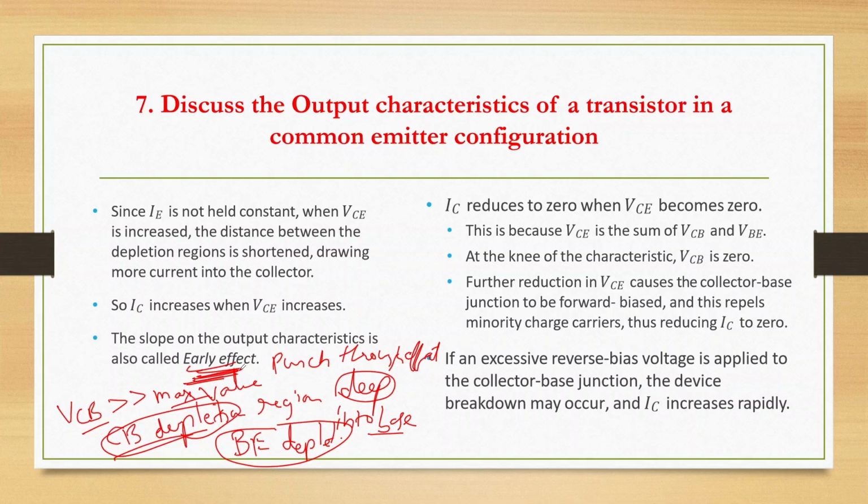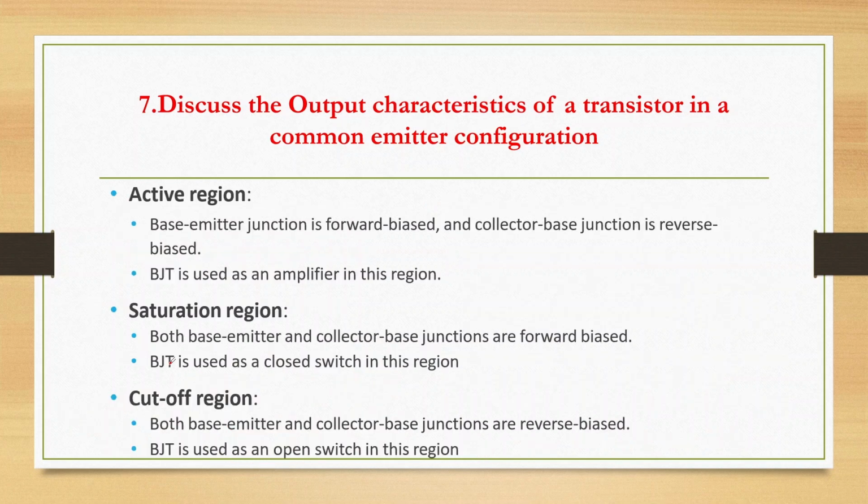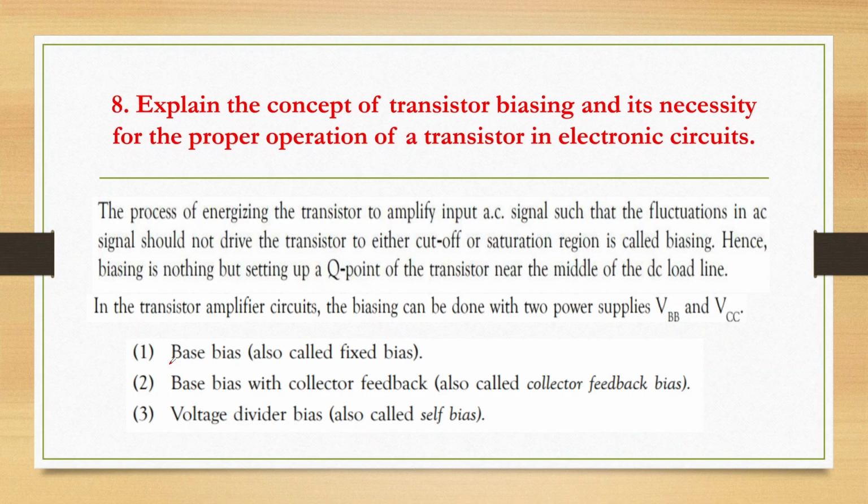So excessive flow of current can damage the transistor. The maximum value of this VCB will be from 25 volts to some higher value. So these are a few things which you have to explain in the characteristics of a transistor.